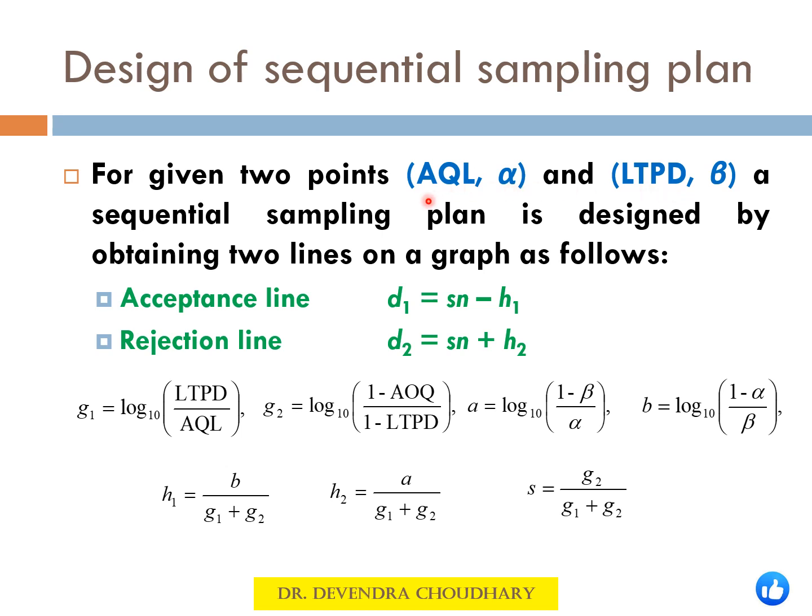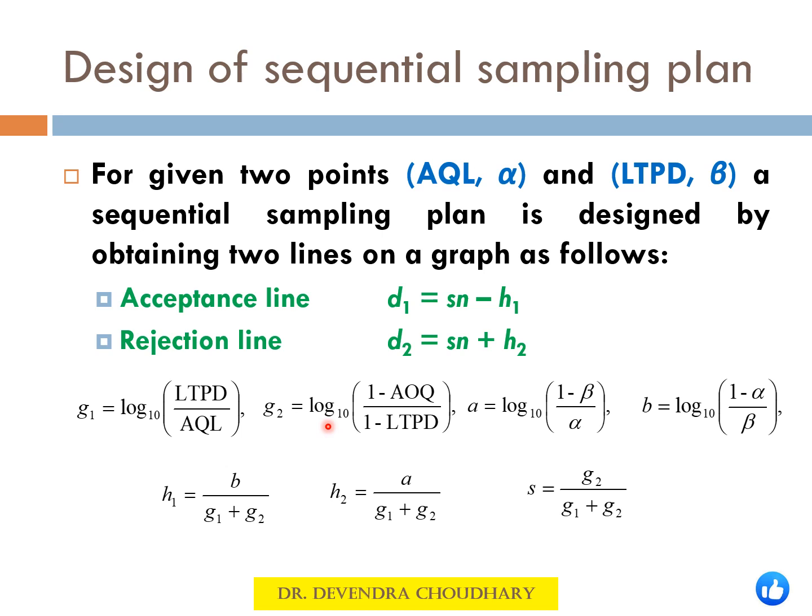Now from these two values we calculate G1, for which we take the log of the ratio of lot tolerance percent defective to AQL value.